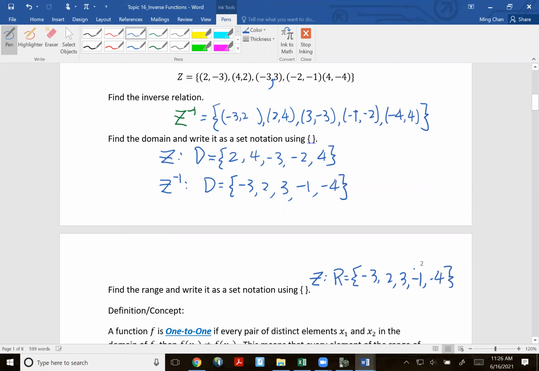Using braces, it's just points. These are just points, none of the points are connected. For the inverse, the range will just be 2, 4, -3, -2, and 4. Okay, that's all it is.